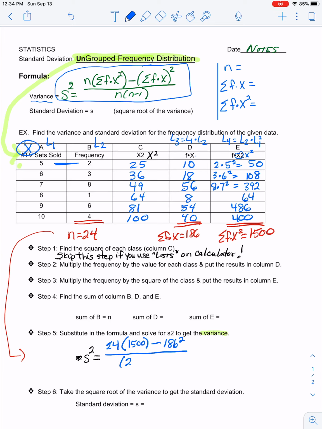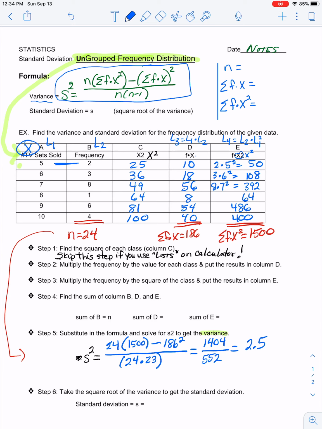Like last time, n is 24, and 24 minus 1 is 23. You can calculate across the top first, 1404, divided by the product at the bottom, which is 552. Do that division, and I'm sitting at about 2.5.